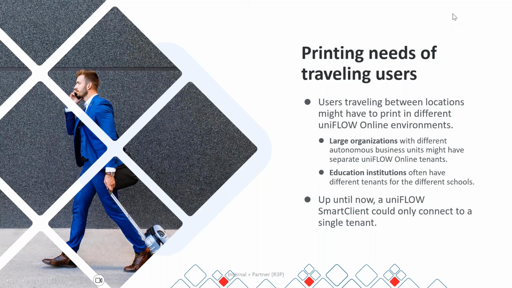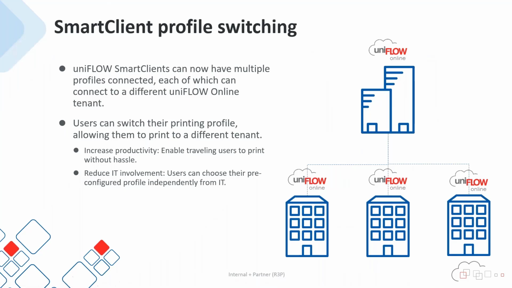So with SmartClient's new capabilities to support multiple tenant profiles, let's explore how users can easily switch between tenants and manage their printing needs more effectively. Authorized employees, including those who are traveling, can enhance their print workflow and overall efficiency by easily switching printing profiles across different tenants.